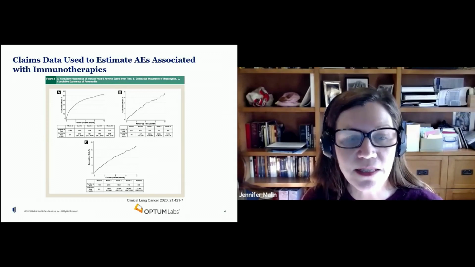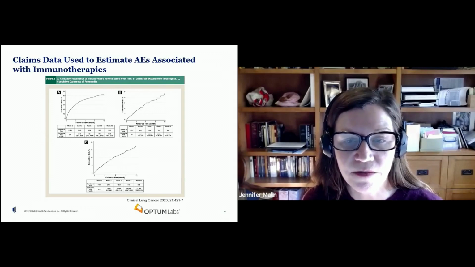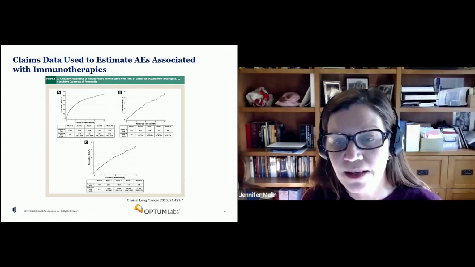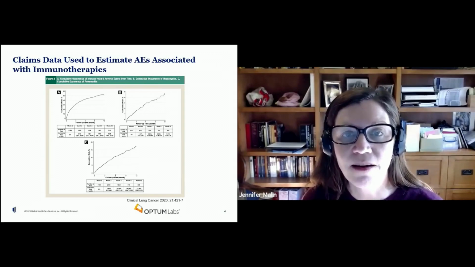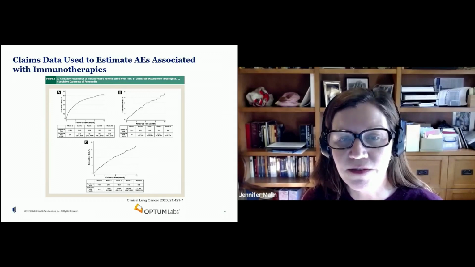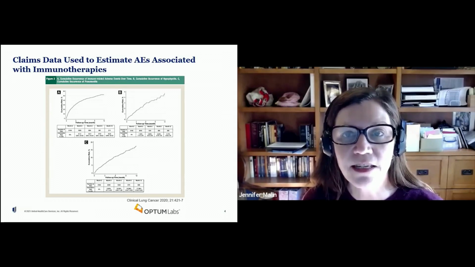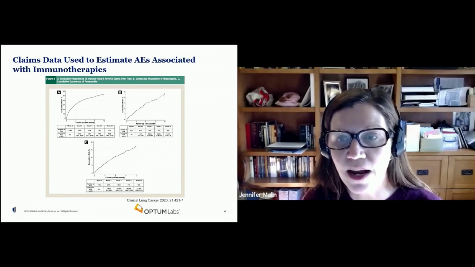And we're able to see fairly quickly after the introduction and widespread adoption of checkpoint inhibitors, the cumulative incidence of adverse events, including hypophysitis and pneumonitis over time.